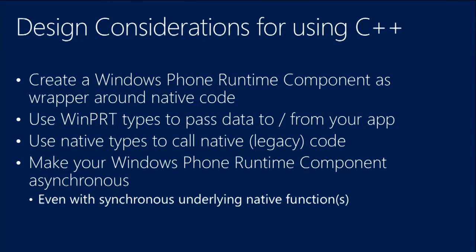And I think this is key to making use of native functionality inside a Windows Phone application. Because 20 years ago, to be honest, when I wrote my math library, I was a young developer at that time, and I did not really have a clue about multi-threading, and it was all difficult and so on.